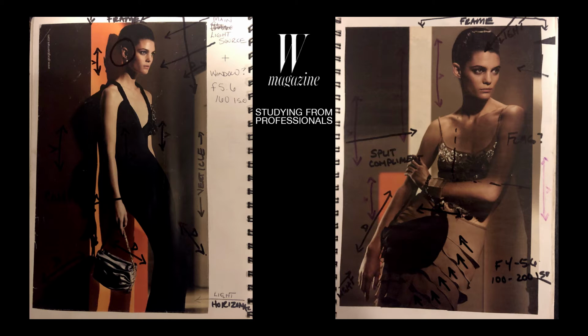I've taken out a couple of pages and put them into my sketchbook, and I started to map out the different aspects that this photographer was using. So looking at lighting, composition, color, all these different aspects from an artist's point of view, defining it, and then I can try to apply it as a photographer.